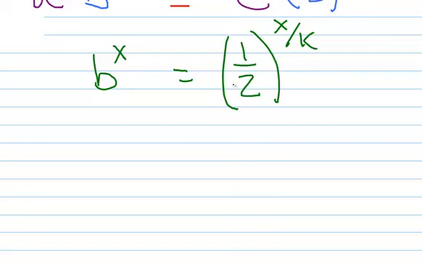All right, so let me show you how we are going to convert this. We are going to take this 1/2 and the exponent x over k. In fact, let me just work over here a minute with x over k.